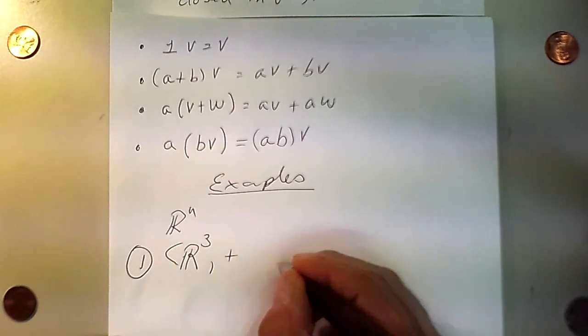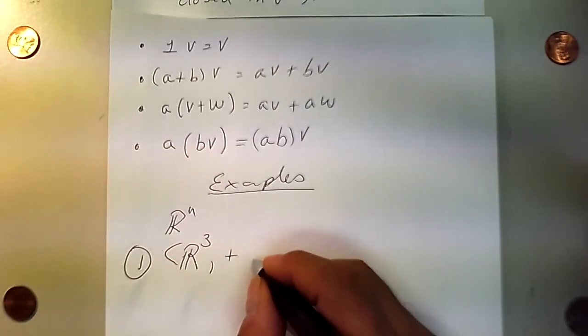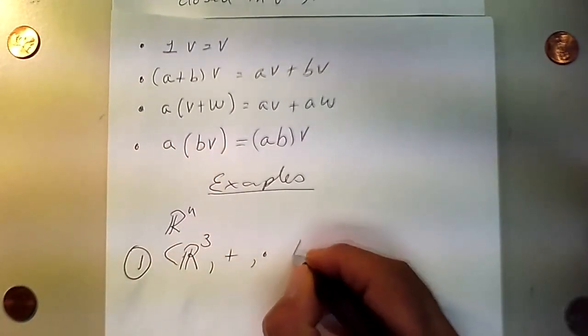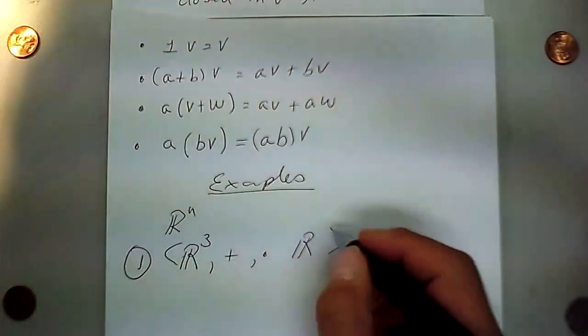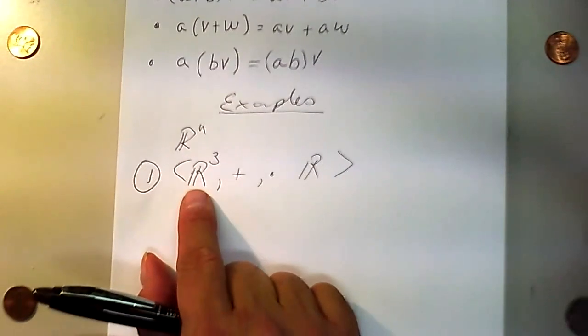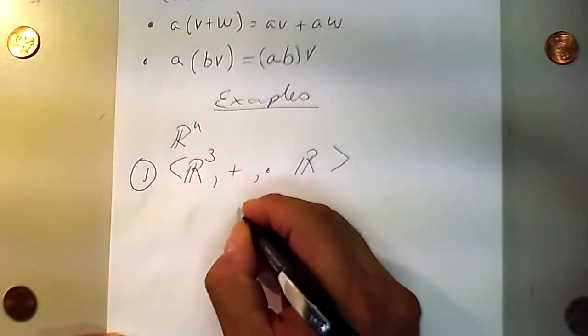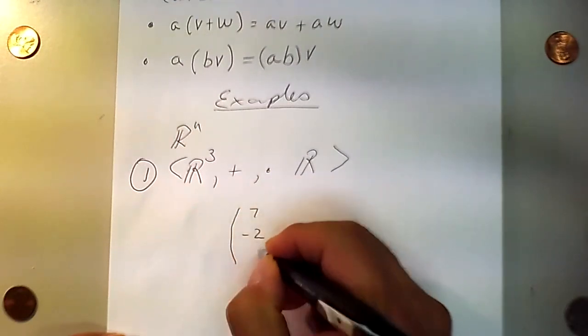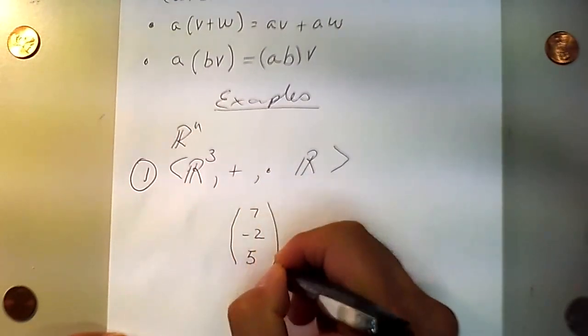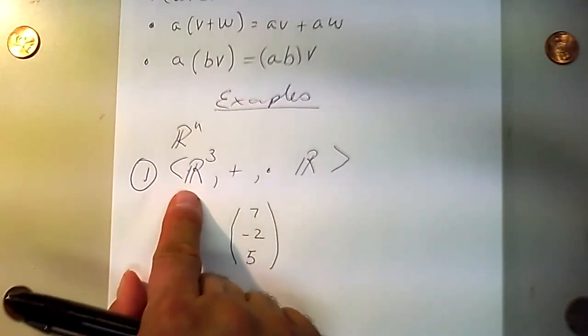The addition is the addition of vectors. The multiplication is the multiplication by scalars. And the scalars themselves are R. So what are the elements of this vector space? Well, the elements are things that look like this, maybe 7, -2, I don't know, 5. So that is one element of this vector space.